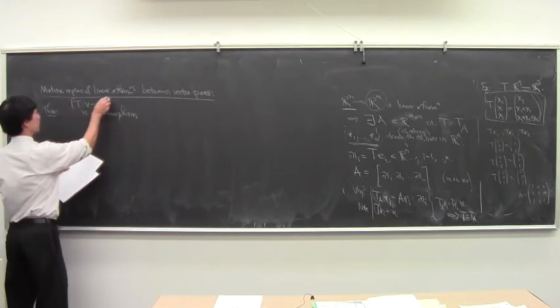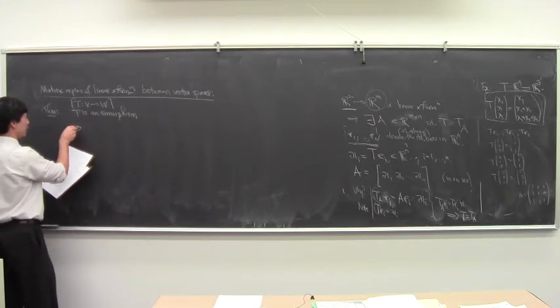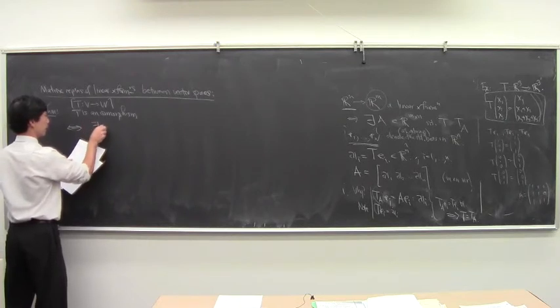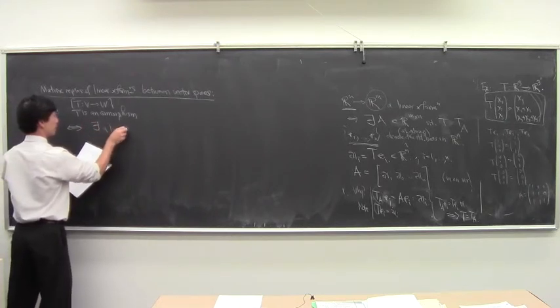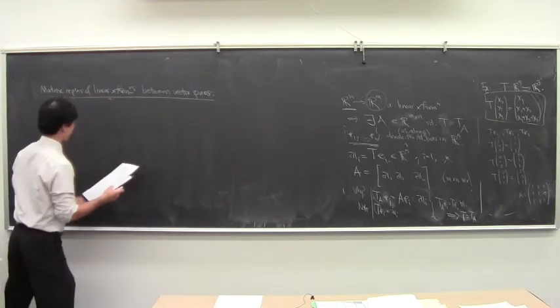T is an isomorphism if and only if there exists a linear transformation. Let me give a definition first.